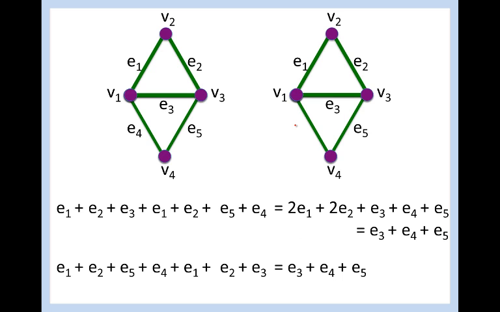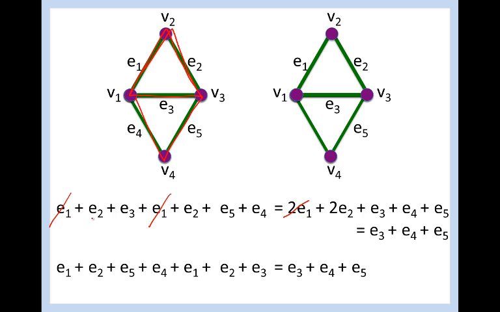When I take the path E1 plus E2 plus E3 plus E1 plus E2 plus E5 plus E4, note that I lose the information that I travel along the edges E1 and E2. Since I traveled along them twice, they cancel out since 2 equals 0 mod 2.